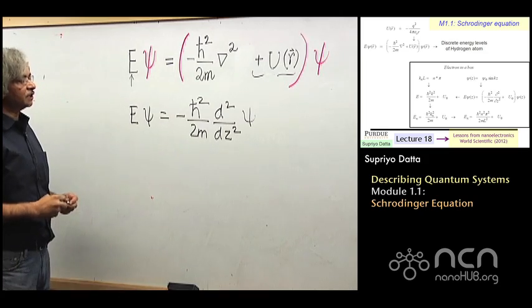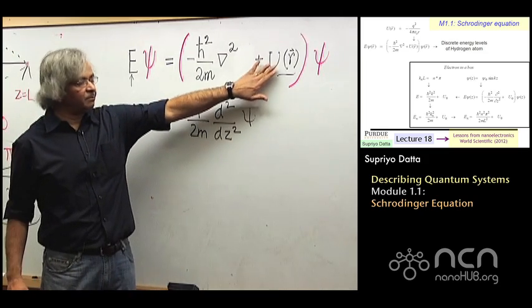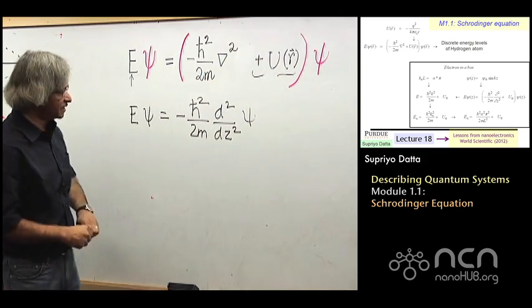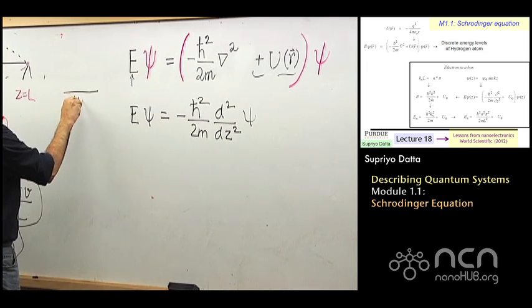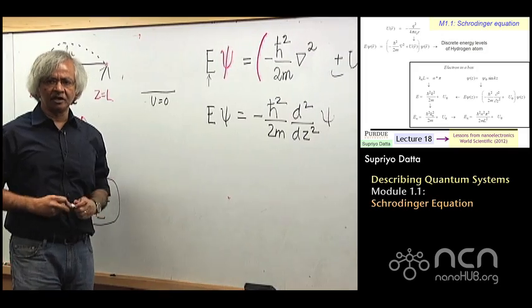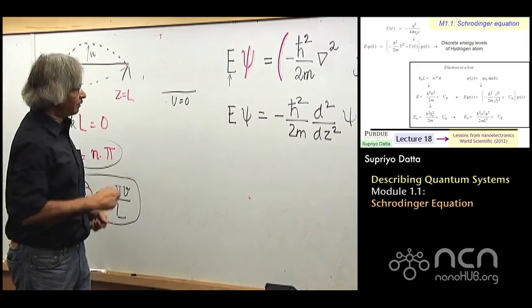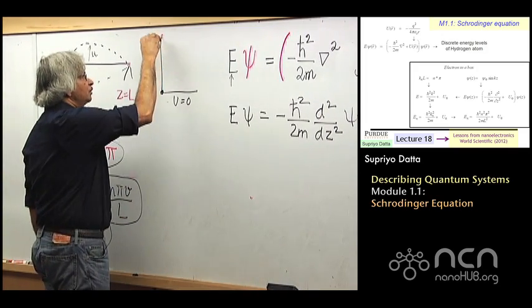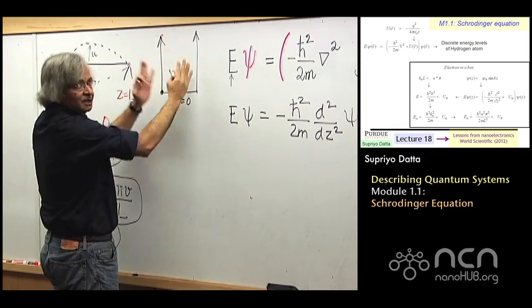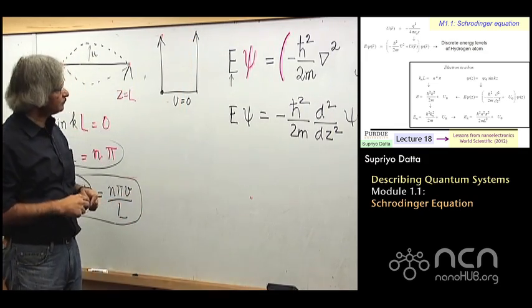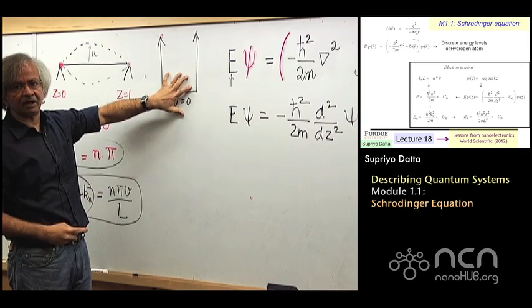And for this discussion, we're putting the potential equal to 0. That means it is as if I have a box where the potential is 0, but then you say, well, then the electron is not confined, it will just go away. Okay, but assume that at the two ends, you have huge potential barriers which keep the electron inside this box.